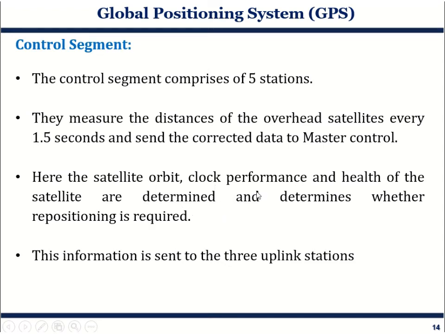The control segment will always keep an eye on whether the satellite is in perfect healthy condition, whether it is orbiting at the specific time set, and whether any repositioning of the satellite is required. This information is sent to the three uplink stations, and thus the control segment works to properly locate all the satellites.